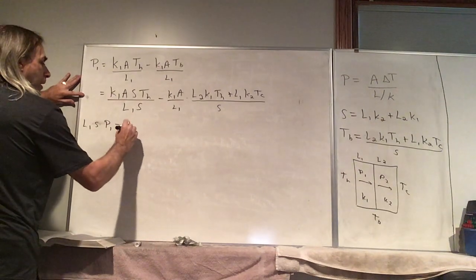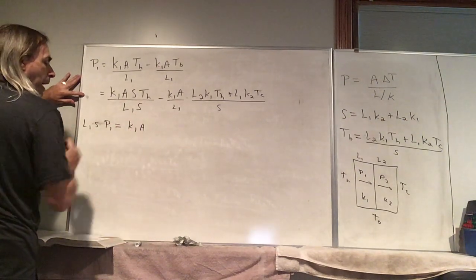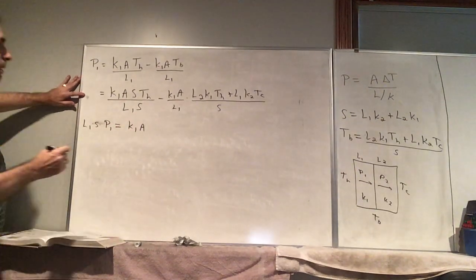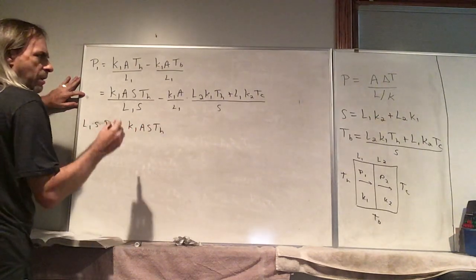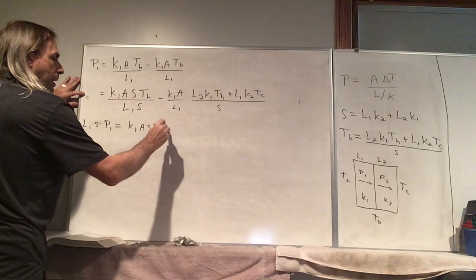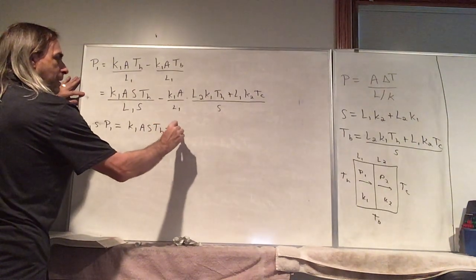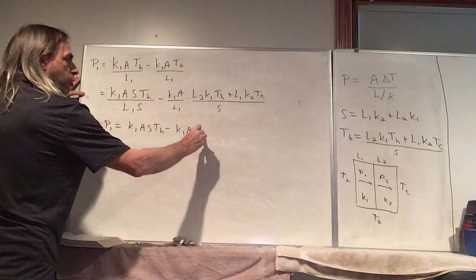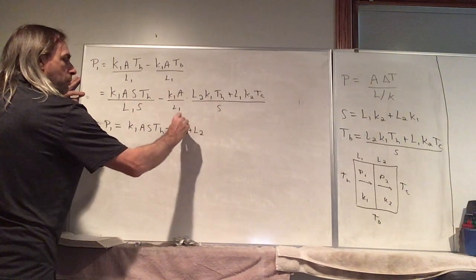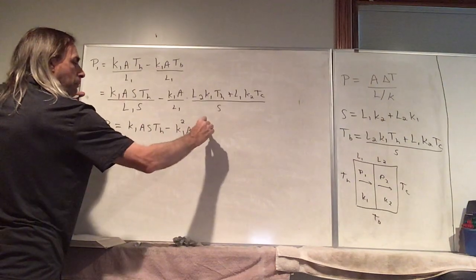We have K1 A S times TH. Let's do that. We'll do maybe one step at a time. And then minus K1A L2 K1 TH.